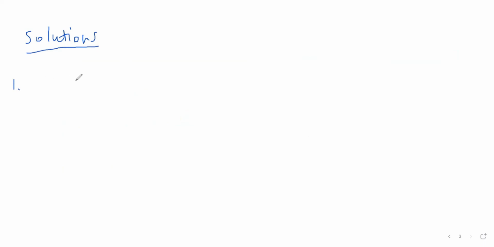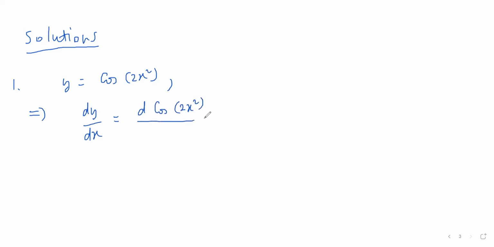And for number one, y is cos of 2x squared. Okay, so let's go ahead and calculate dy dx for this case. So this implies that dy dx is equal to the derivative of cos 2x squared with respect to x.